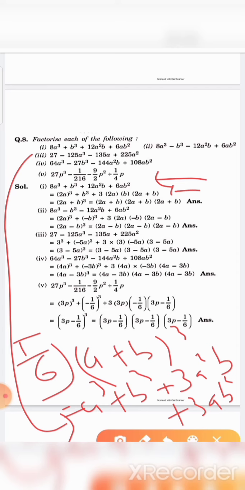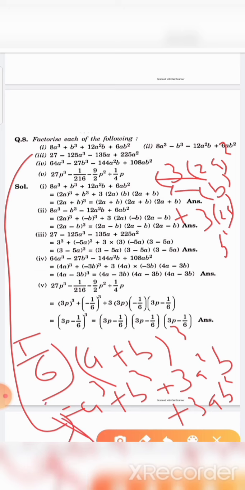So we split this term: 3 into 2a square and then b, and then 3 into 2a into b square, and we get the factorization of this RHS, which is a plus b whole cube. Comparing the terms, we get a is equal to 2a and b is equal to b.